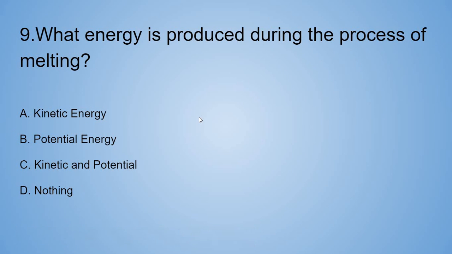Number 9. What energy is produced during the process of melting? A, kinetic energy. B, potential energy. C, kinetic and potential energy. D, nothing. Kinetic energy is the energy of motion while an object is moving.